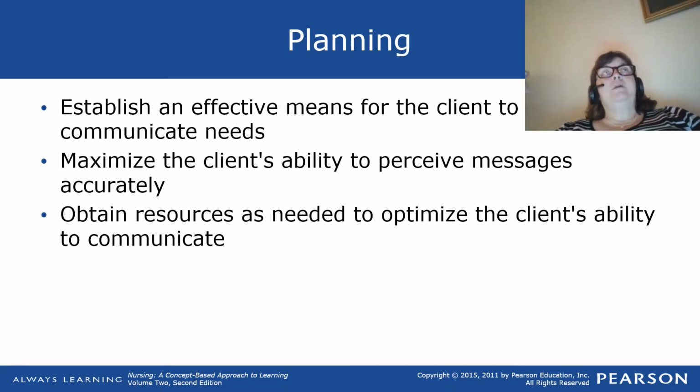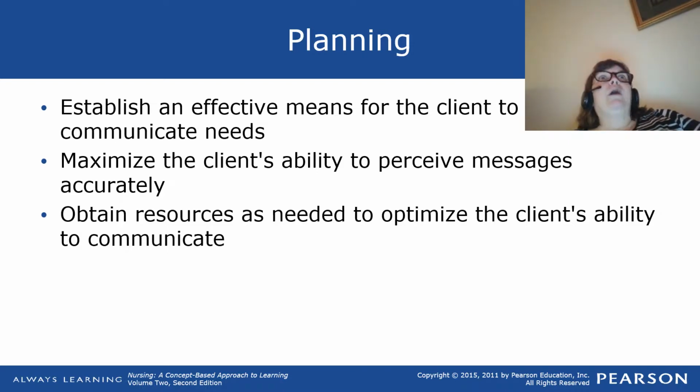Planning is the next step, and the planning piece is where we would do the goal setting for the patient. So what is my goal? If I set a nursing diagnosis of impaired verbal communication, what is my goal for that patient? Well, my goal would be the first one, establish an effective means for the client to communicate needs.